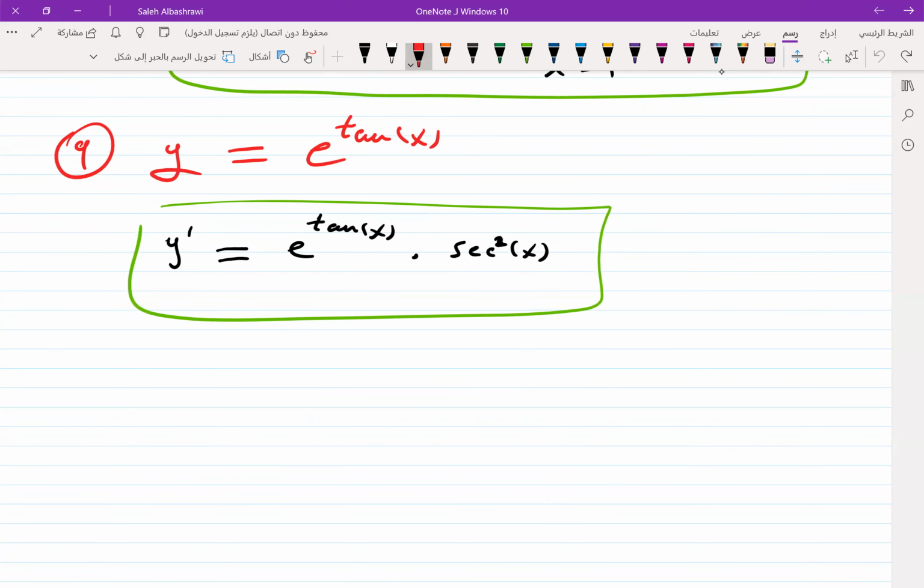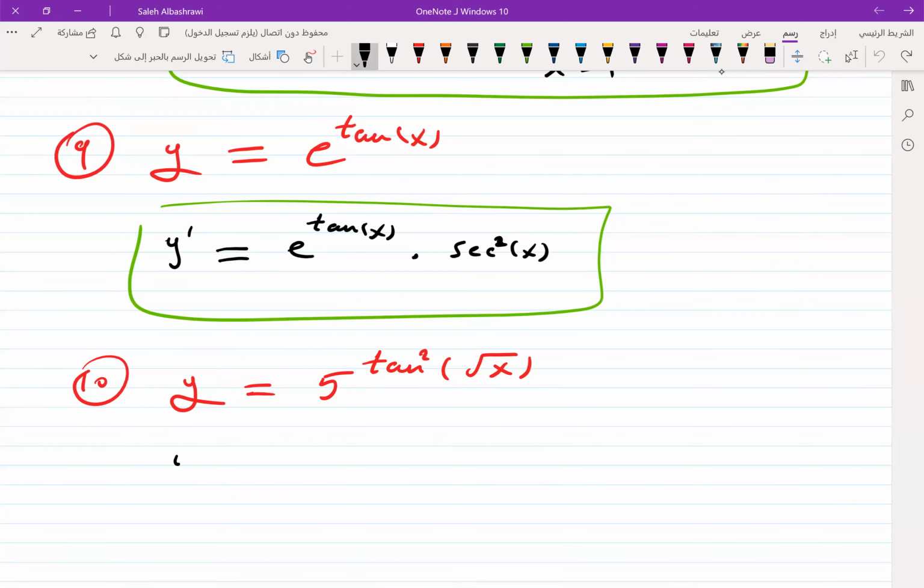Last example, number 10. Let's have that y equal to 5 to power tangent square of square root of x. 5 to power tangent square of square root of x, exponential function.